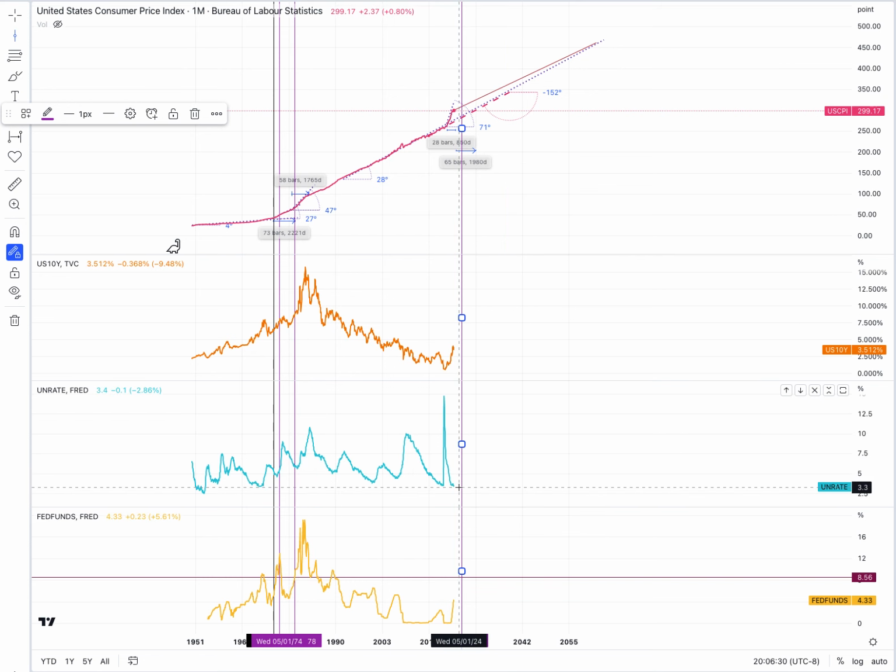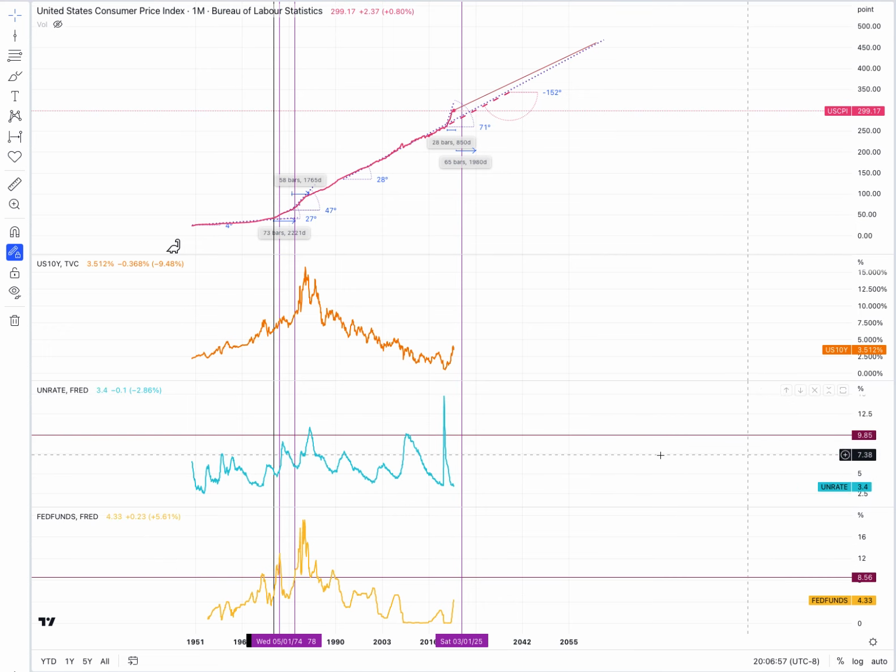So right now we are here, at an all-time low. So we're going to be around this time. If considered the same, we're going to be over here, very close to where we were around 2008, 2009. So that's why everybody is talking about that. We are going to see the unemployment rate hike, because that's exactly what happened in the 1970s.